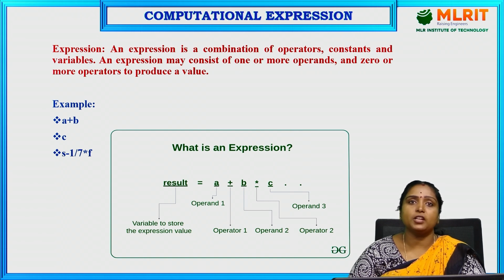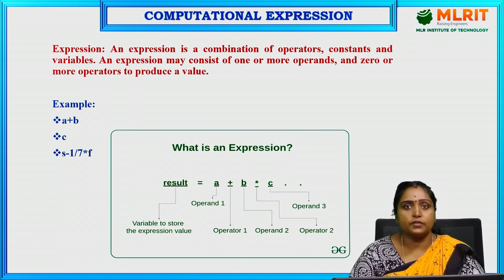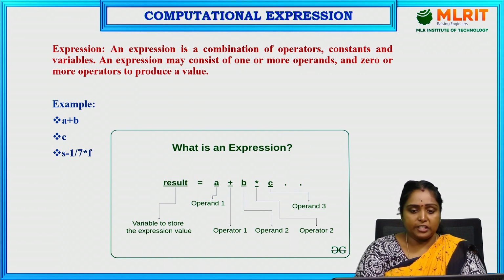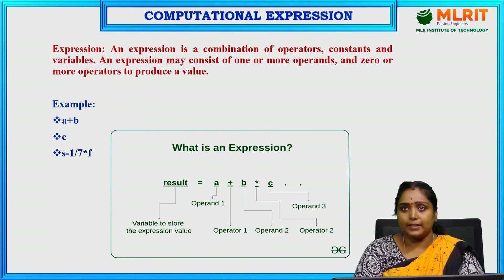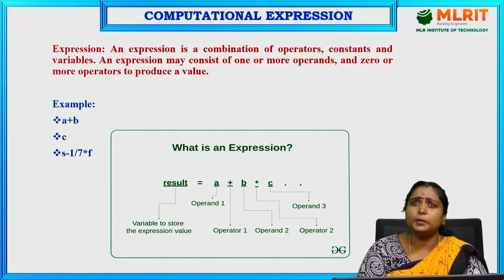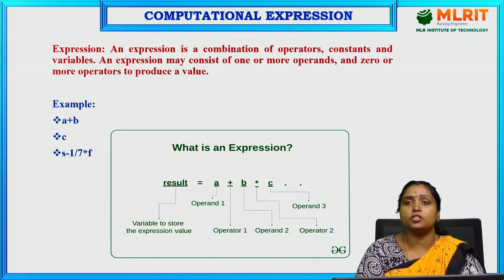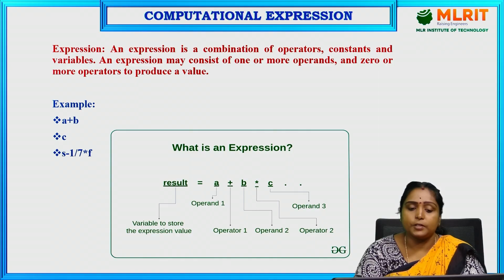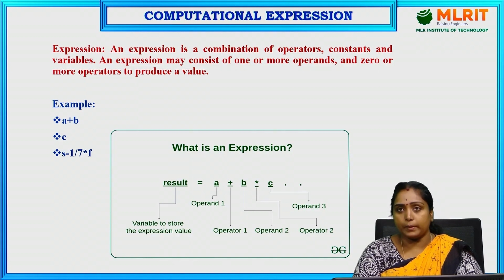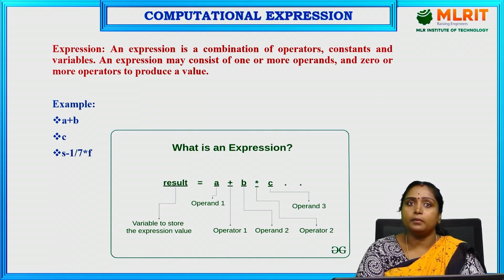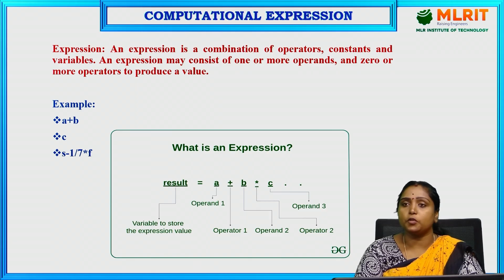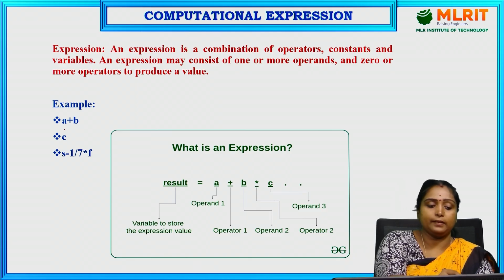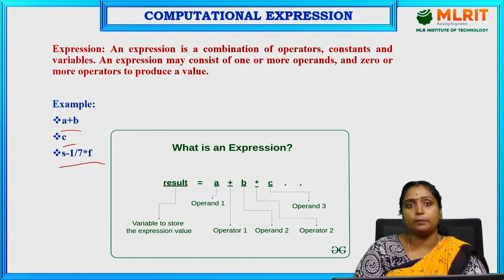Coming to computational expressions. We have seen that a general expression is a combination of numbers with mathematical operators. In computational expressions, an expression is a combination of operators, constants and variables. The expression might consist of one or more operands and zero or more operators in order to produce a value. For example, a plus b star c, or s minus 1 by 7 plus f.